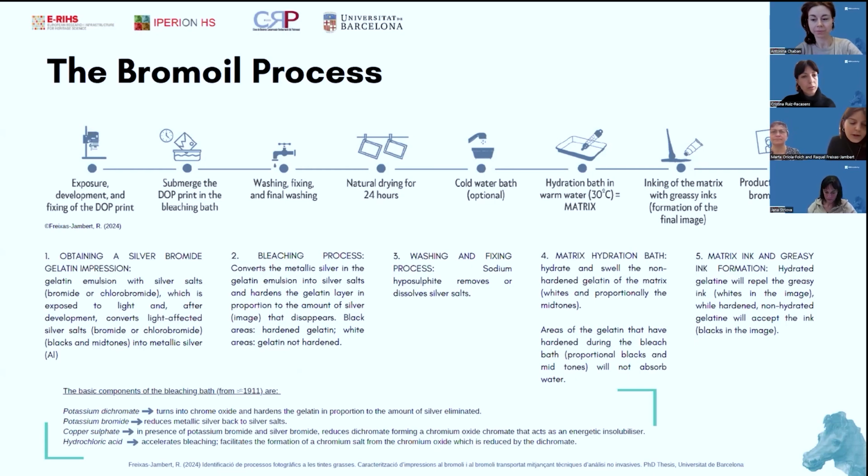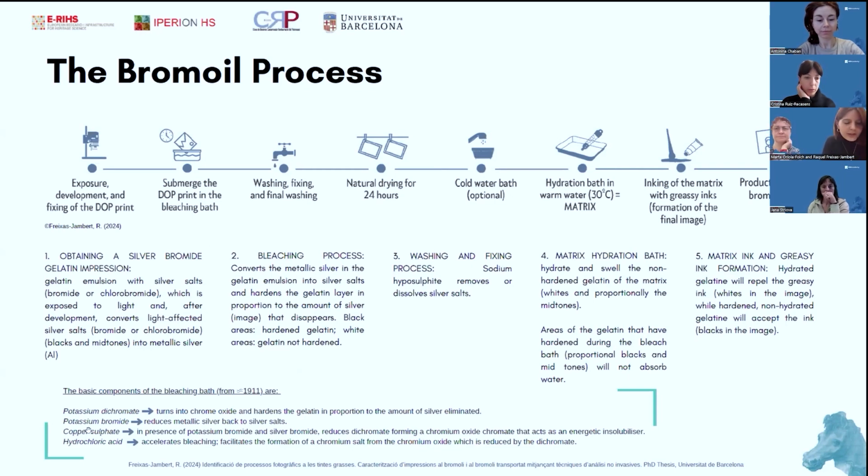It should be noted, however, that it requires papers with very specific characteristics and the use of products without hardeners. During development, the silver halides in the emulsion are converted into metallic silver to create the image. The second and most important step is the bleaching bath, where the bromide print is immersed in a chemical solution containing 4 basic components.